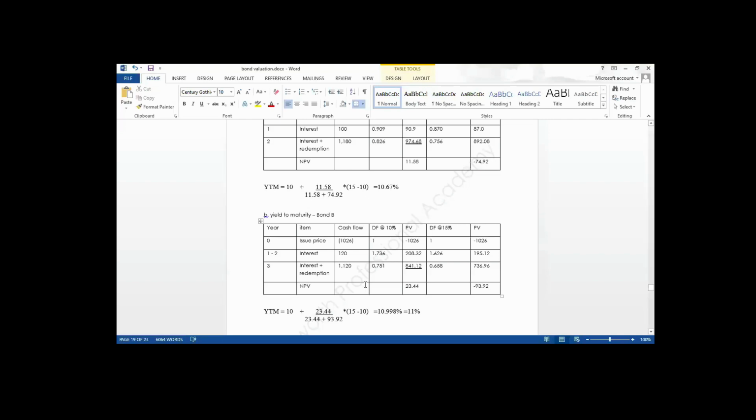You have assumed 10%. At 10%, you got NPV of 23.44. Then you increase to 15%. At 15%, you got NPV negative 93.92. And now calculate the internal rate of return. What is the YTM of bond B?